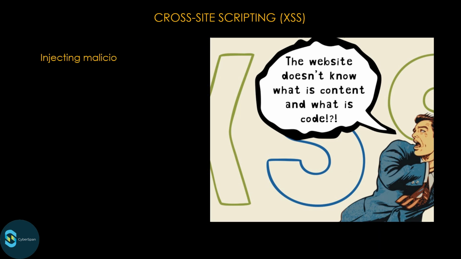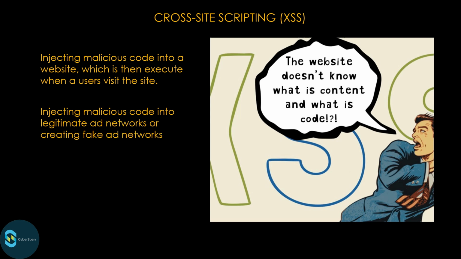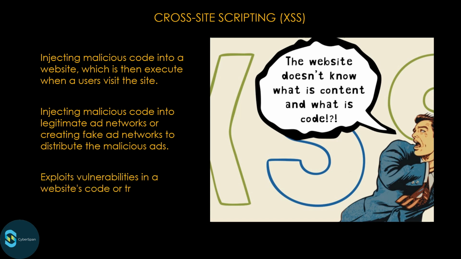Now, cross-site scripting attacks involve hackers injecting malicious code into a website, which can then be executed when you visit the website. Hackers do this by exploiting vulnerabilities in the website code or by tricking you into clicking on links that lead to malicious websites.